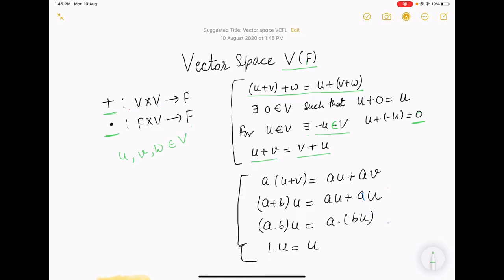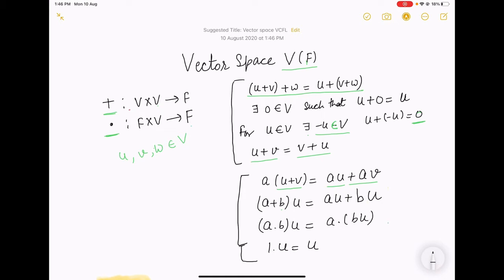The next four properties are with respect to scalar multiplication. A distributed over U plus V gives you AU plus AV. A plus B operated on U gives you AU plus BU.